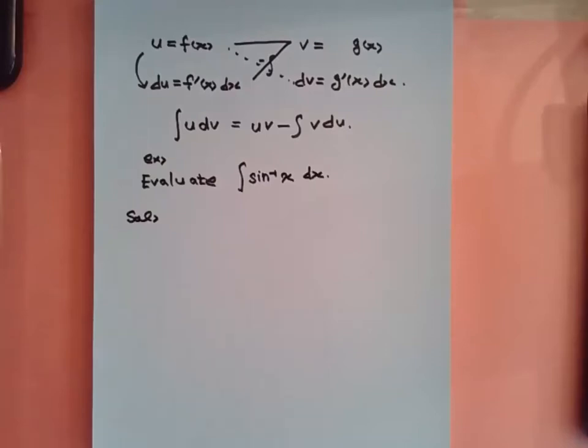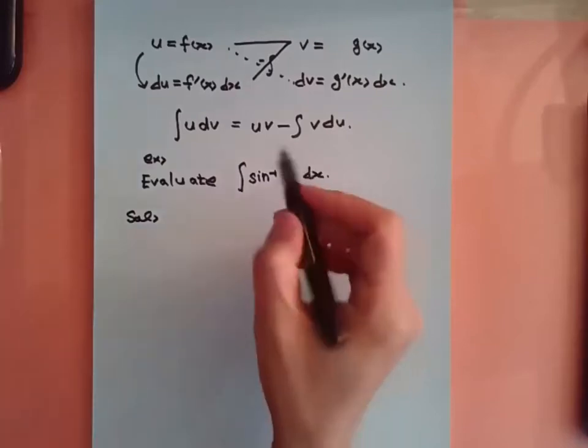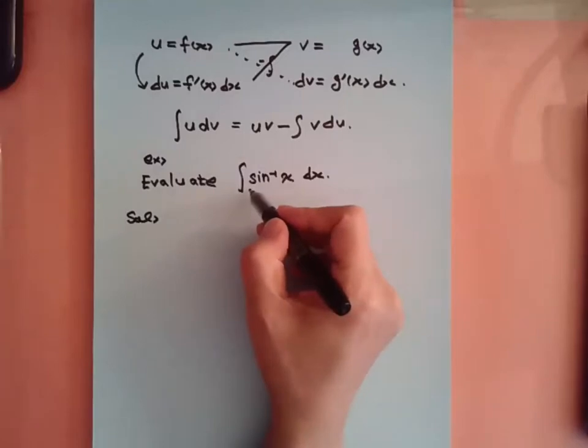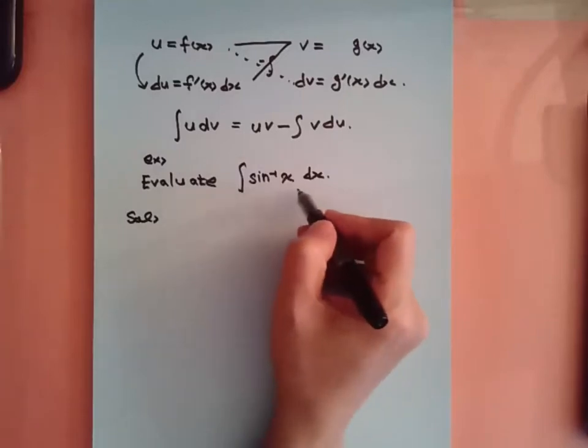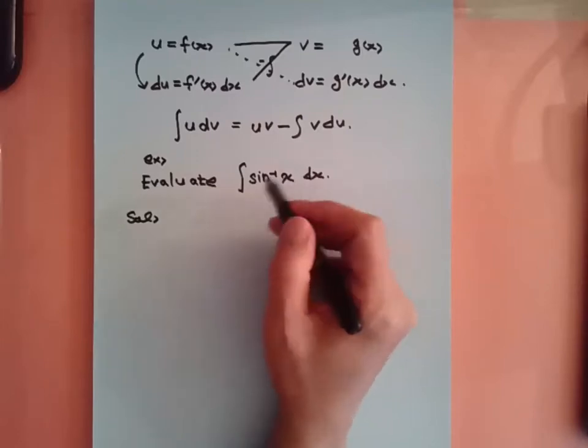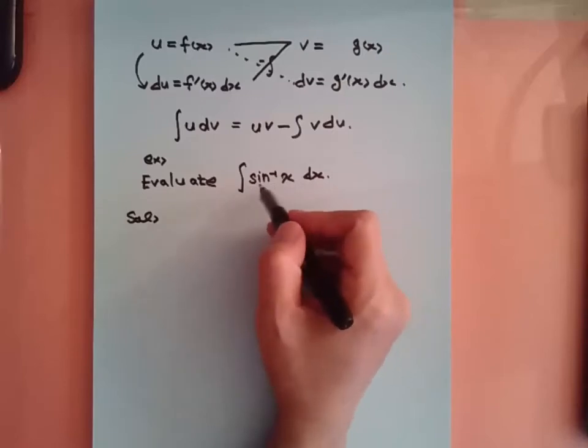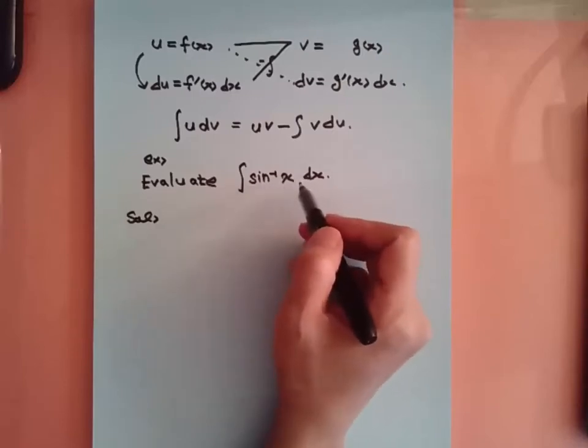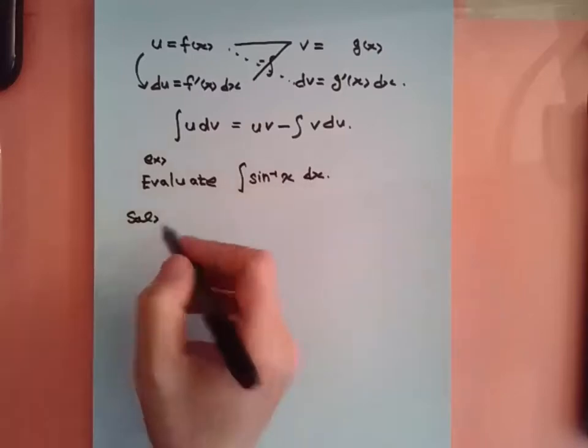If you look at the function, then this is not a product function. But we can regard this one as sine inverse times 1. And in that way, we can say that that is an integration of the product function.